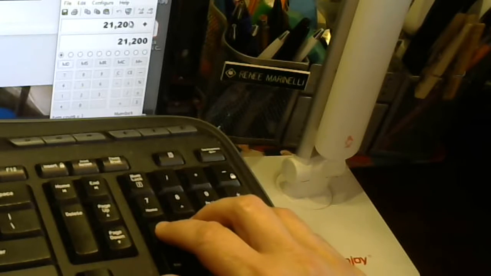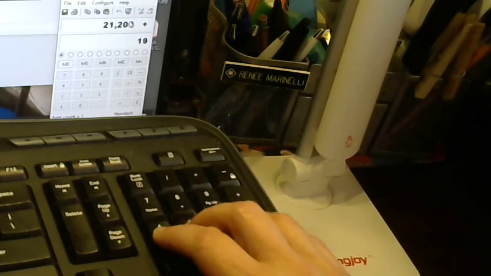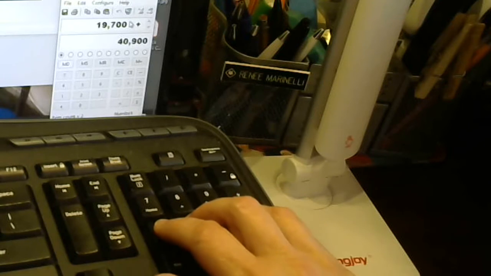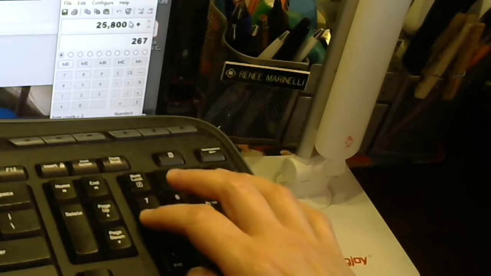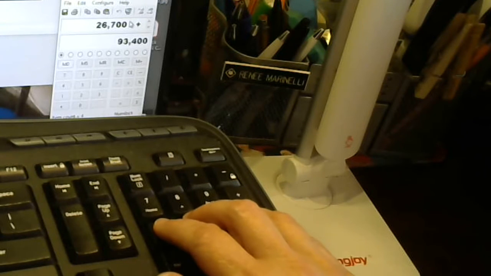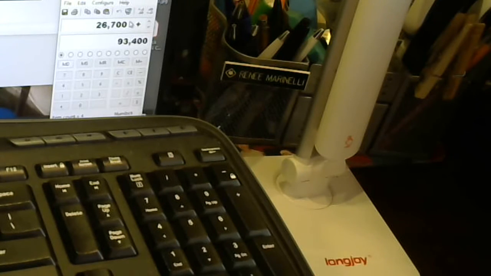21,200 plus 19,700 plus 25,800 plus 26,700 plus equals the 93,400. That's the total sales for the 4 weeks for small appliances. So put that into memory. Now we want the average. The average is you take the total, divide by how many weeks.